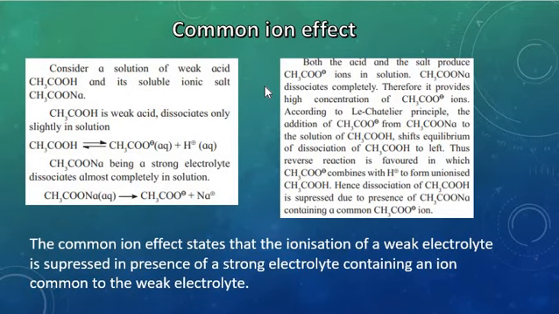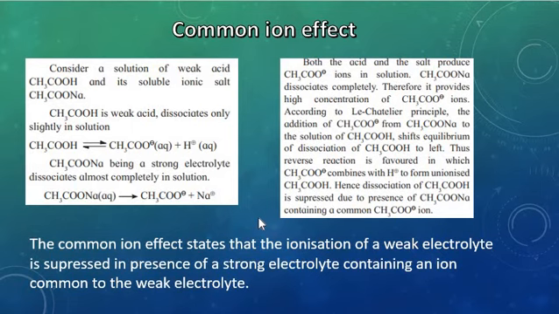Sodium acetate is dissociating completely and providing a high number of acetate ions. According to Le Chatelier's principle, the addition of acetate ions from sodium acetate to the solution of acetic acid shifts the equilibrium of acetic acid dissociation towards the left. So the reverse reaction is favored, in which acetate ion combines with hydrogen ion to give undissociated acetic acid, and acetic acid ionization is suppressed.